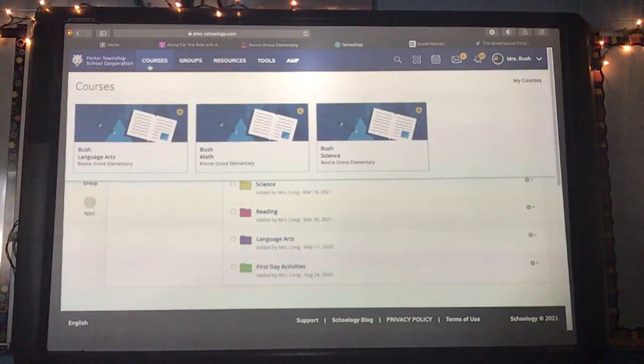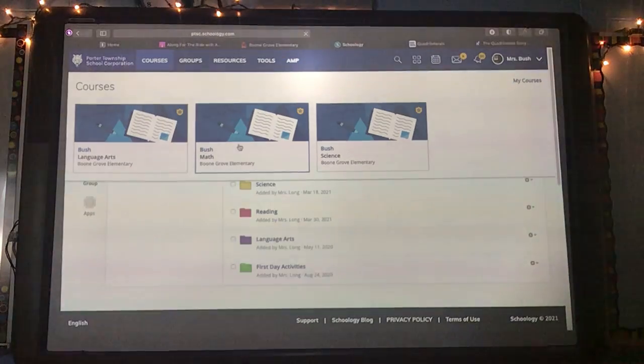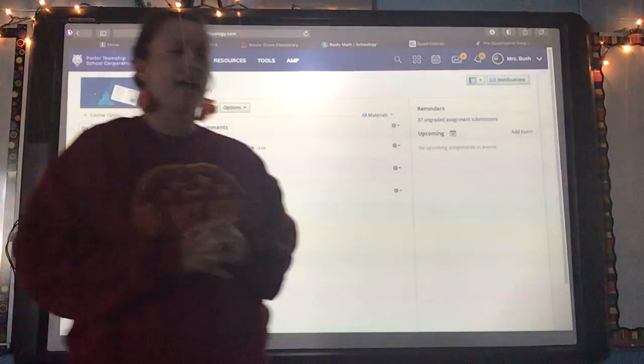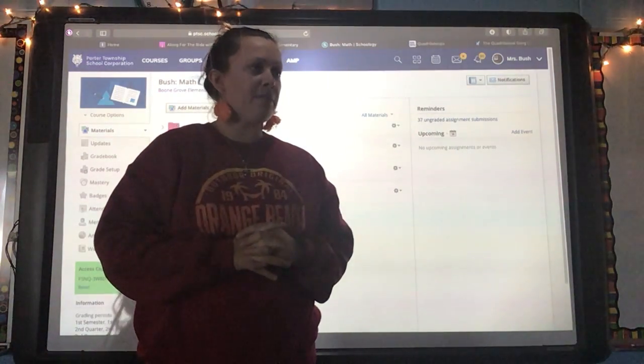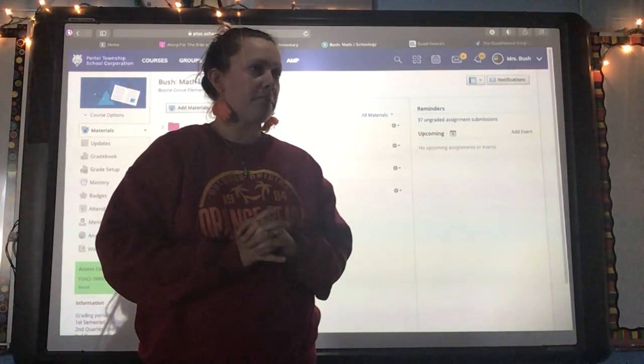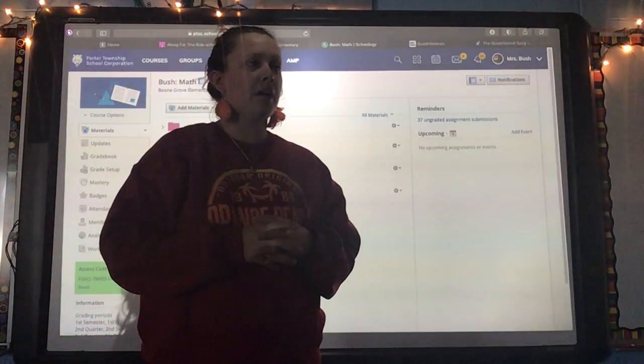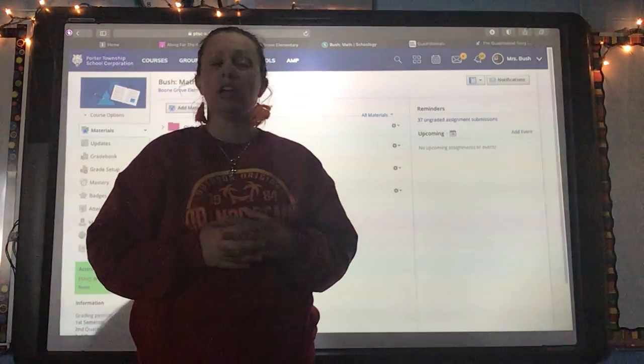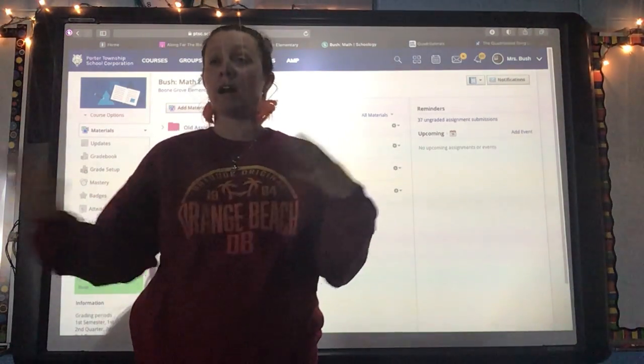Math time. On Schoology, under courses, we're going to go to math because we've got some vocab to do. Topic 15 that we are on, we've been talking about different shapes. One of our first lessons for this topic was polygons, and one of those was quadrilaterals.